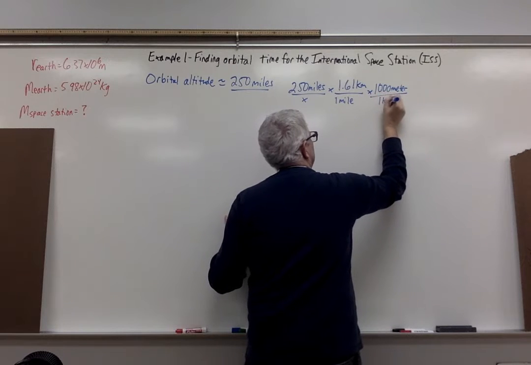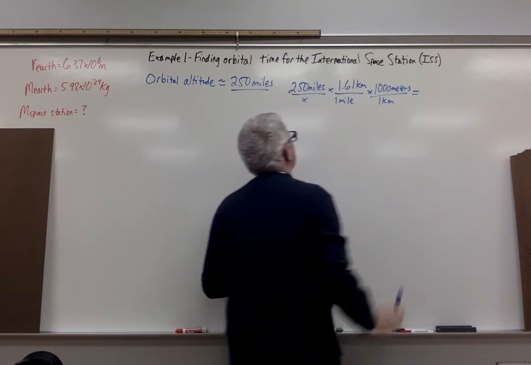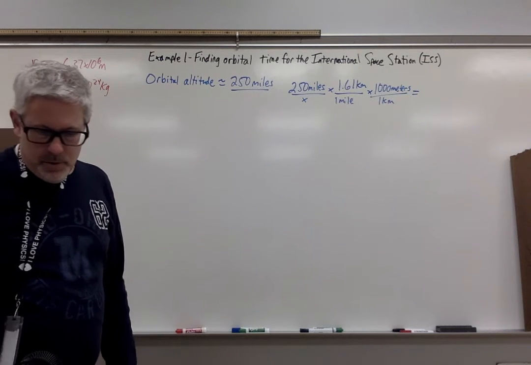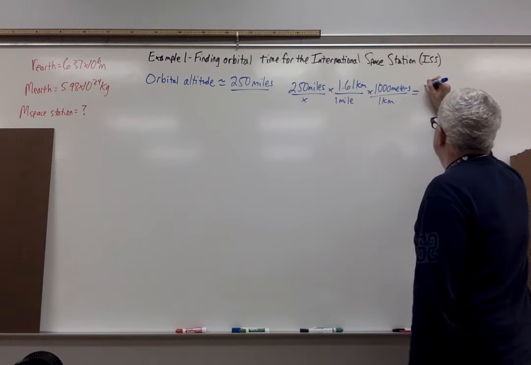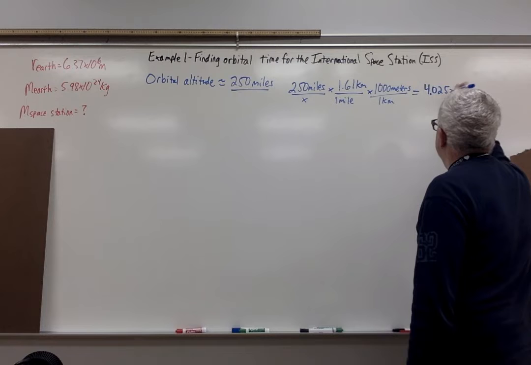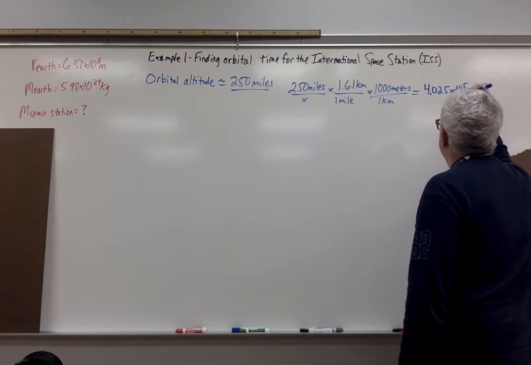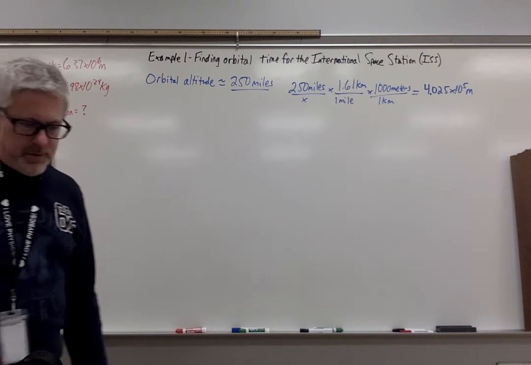I guess I could have just done 1,610 meters per mile. It's going to give me 402,500 meters. So I think that's 4.02 times 10 to the 5th meters.